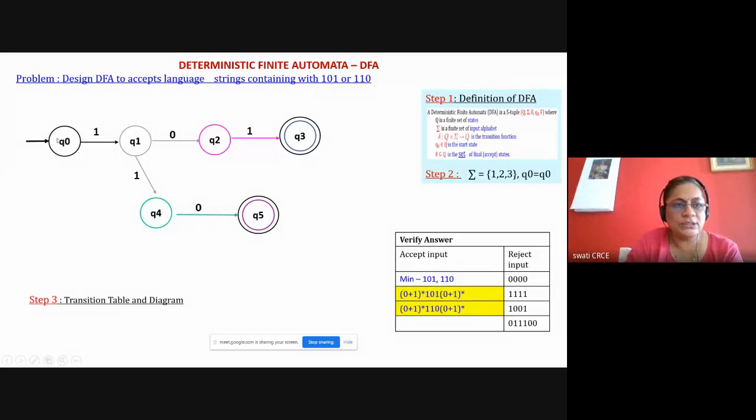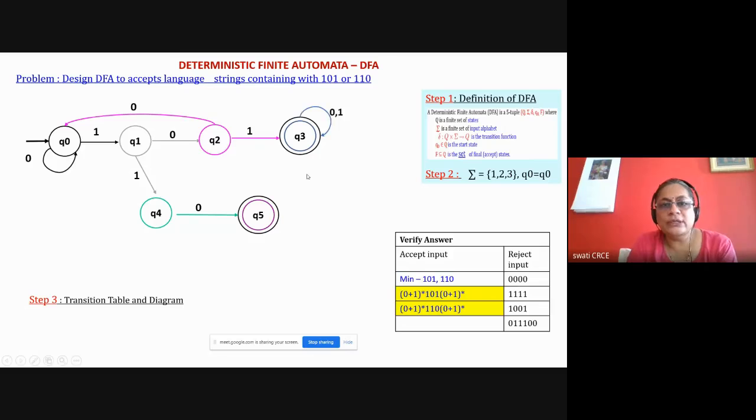After that, now you see in Q0, if there is 0, it will remain there because 101 or 110 should be there. Then it can go to the final state. Then here if there is any 0, then it is becoming 110. So go back and then again with 101 or 110, it will reach the final state.